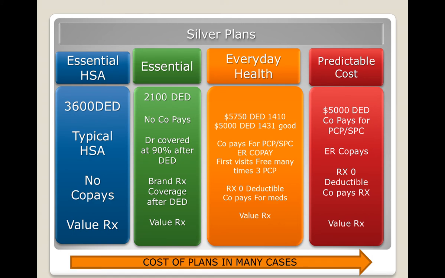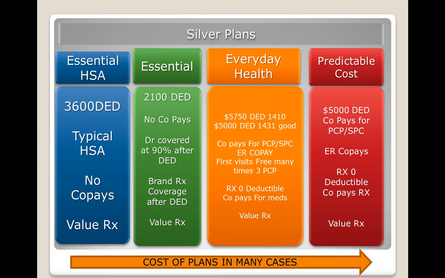Silver plans, we've got a lot of different options. I have an arrow on the bottom that kind of illustrates how the cost of these plans go from essential all the way up to predictable cost. The essential HSA on a silver, it's got a lower cost share variation because it's got a lower deductible. It's a typical HSA, no copays.